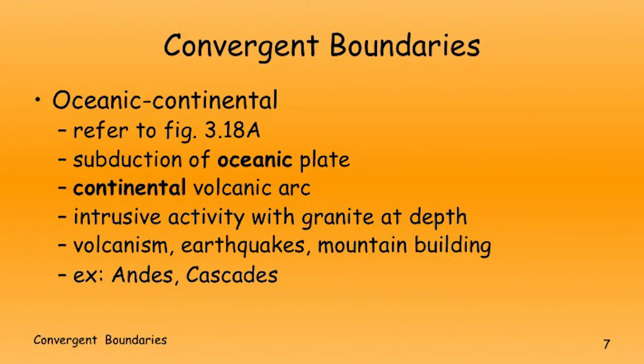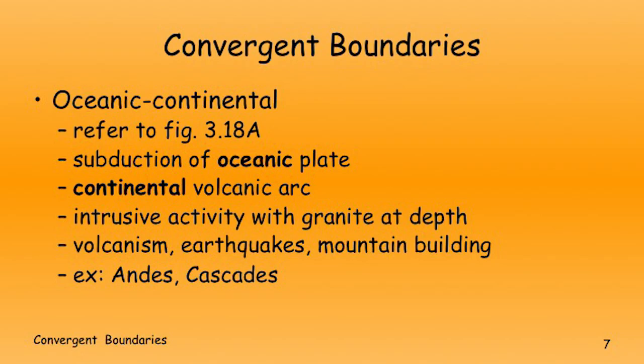Those continental volcanic arcs are mountains. Now, why are they mountains? Again, we have that compression, we have this oceanic plate subducting, but the continental plate is being compressed, so it's being shortened and lengthened in the height dimension, if you wish. So it forms mountains.